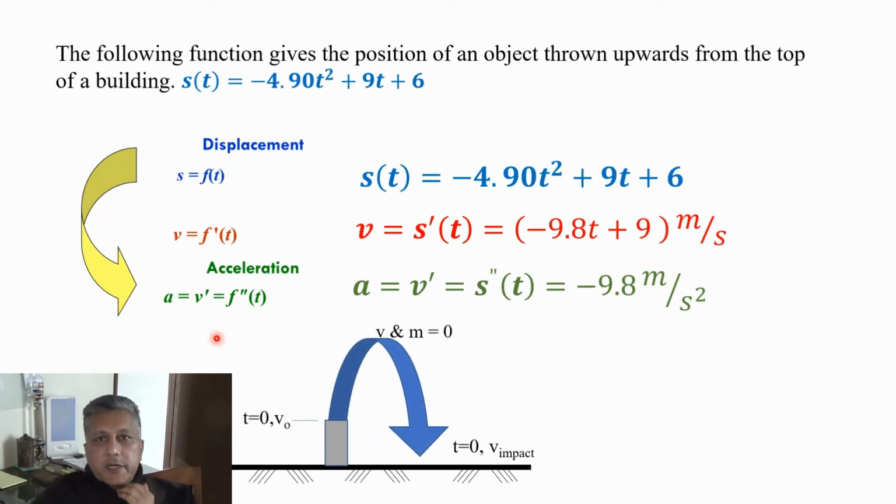Let's look at basically a diagram or a drawing of what we have. We have a building. We know right at the top of the building the initial velocity is 0, and the time will be 0.